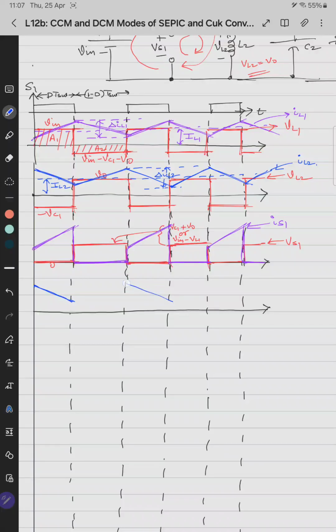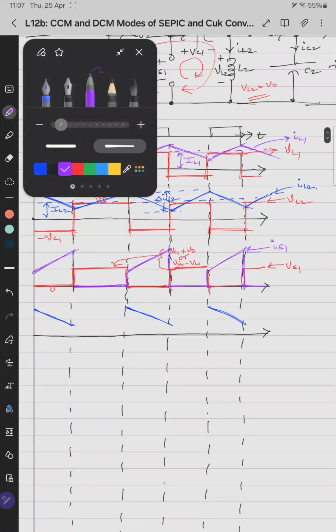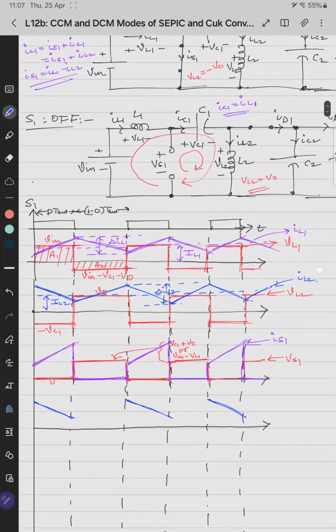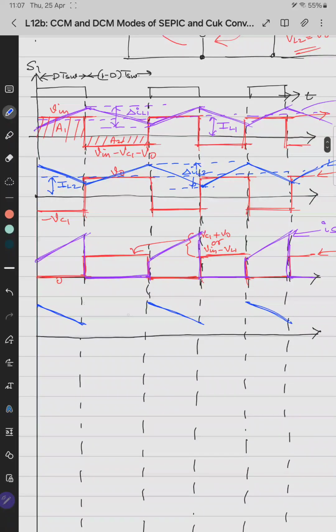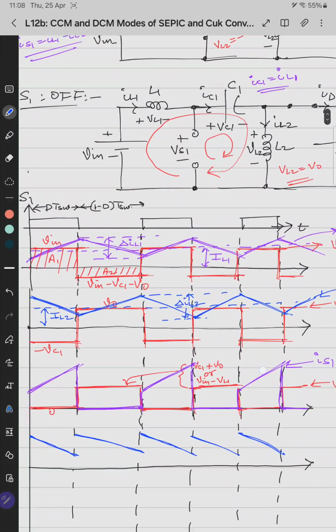When the switch is off, it is IL1. So IL1 is this during the off time. So it is like this.